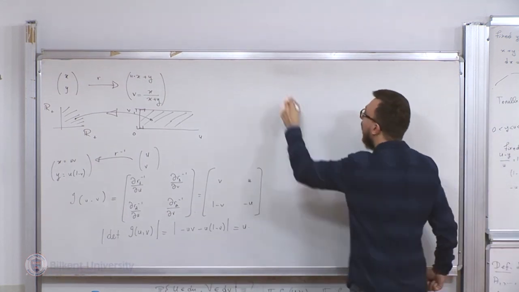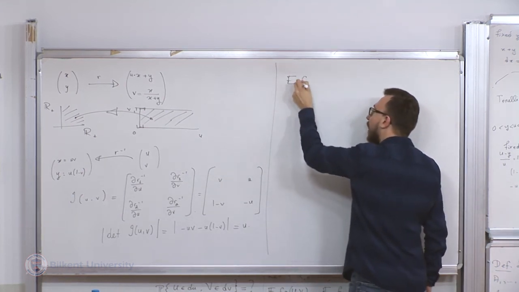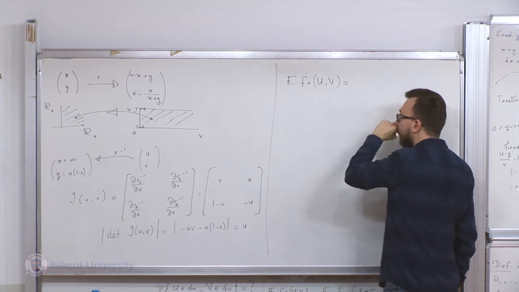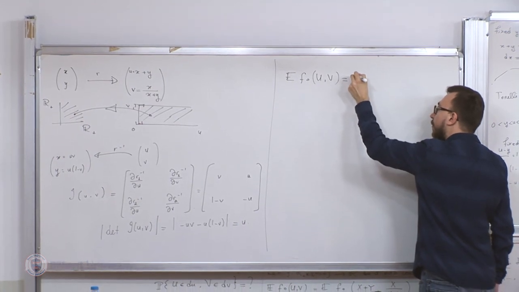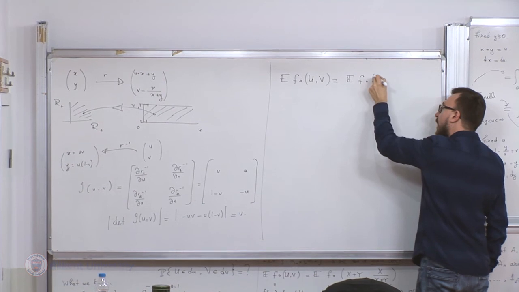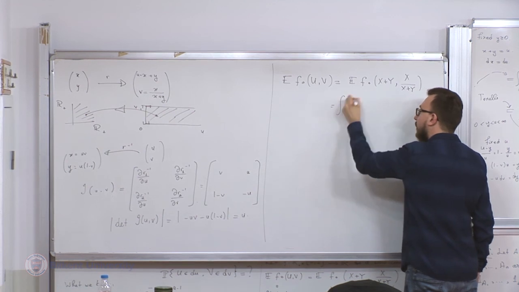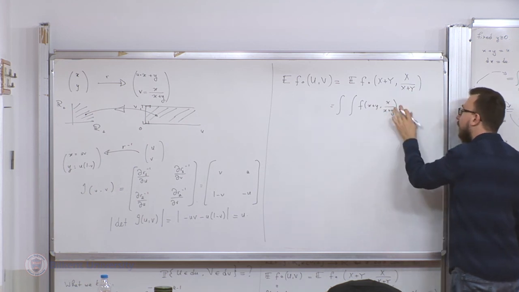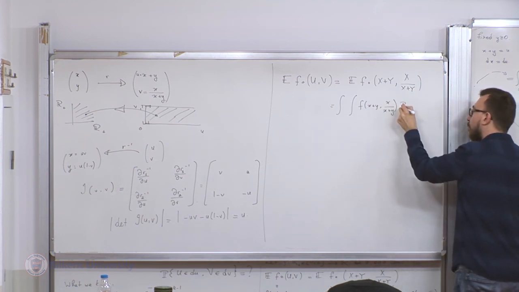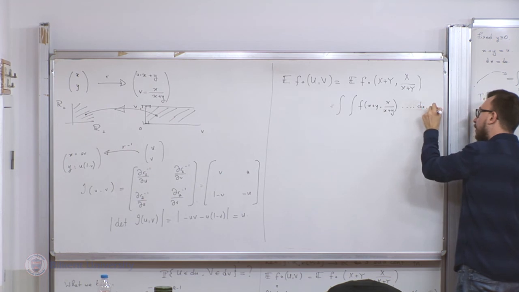OK, so let's look at this as follows. So f of u, v, this is what we look for. And this is the expected value of f of x plus y, x over x plus y, times some joint distribution. Well, let me write blah, blah, blah du, blah, blah, blah dx, blah, blah, blah dy.